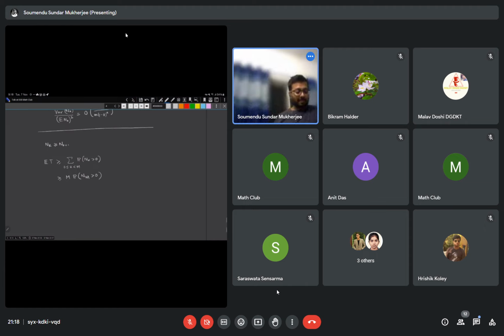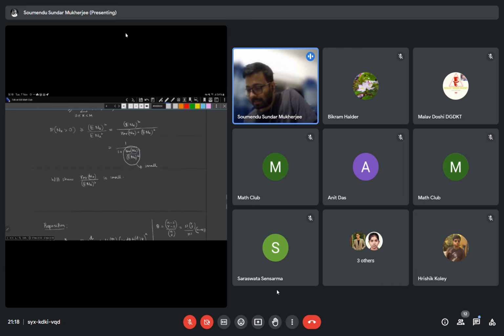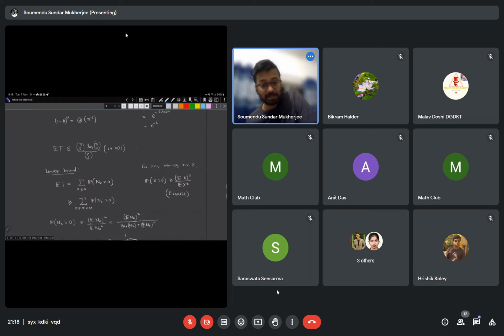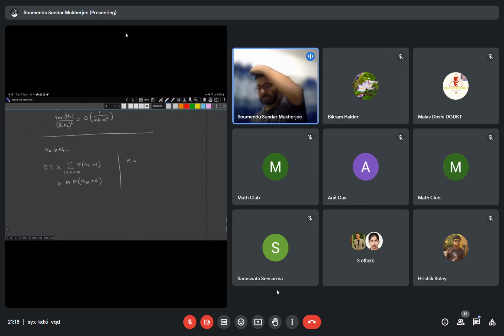So let's do that. We'll choose m here. If you choose m to be exactly that m that we chose earlier, it will not give you the right thing. You can try it. We have to take m to be slightly smaller. Previously, we took m to be something like this for the upper bound. If you take this, then the lower bound will not give you the right answer.